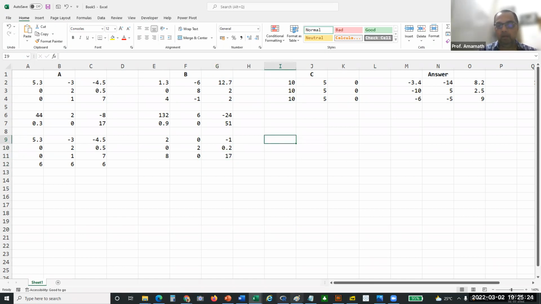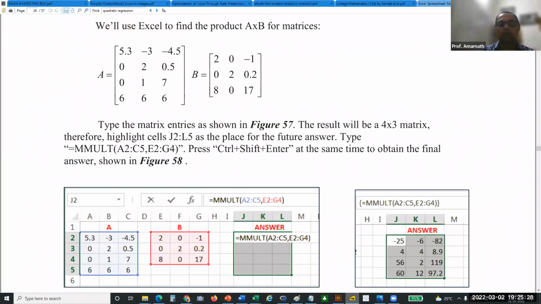I'll use an inbuilt function for matrix multiplication. Only if you select the matrices correctly will it give an answer. You have to select exactly what it needs, then only you will get an answer. If you have wrong matrices, then an error will pop up.